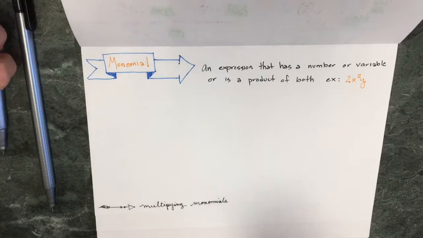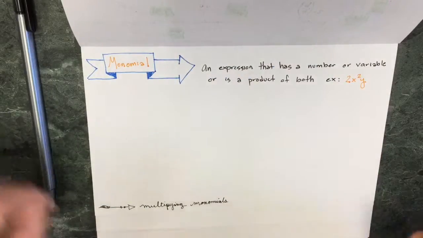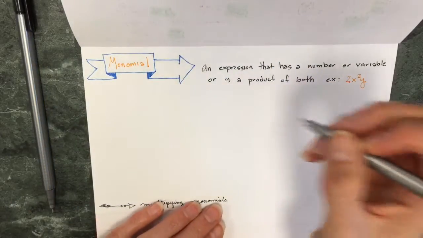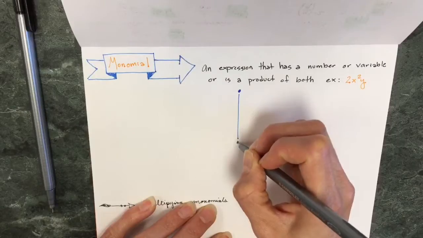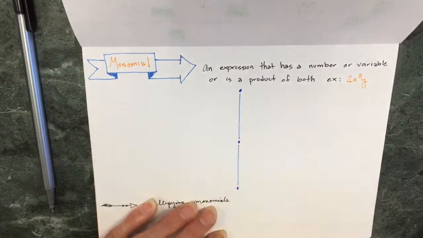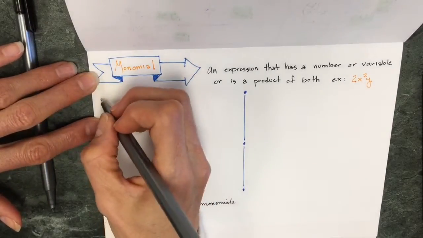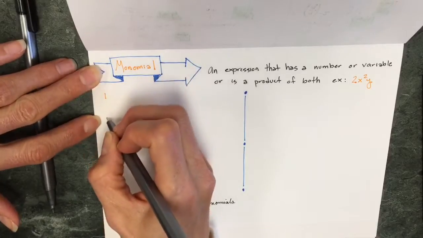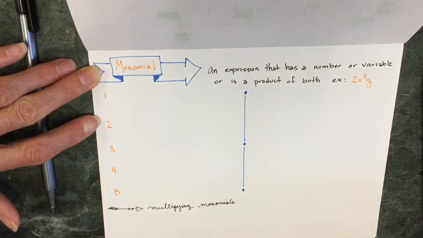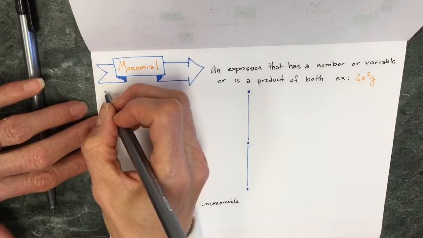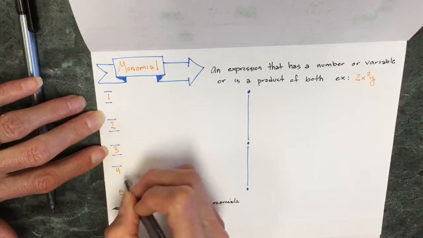Okay, so we're going to do some examples. First, let's go ahead and divide this page into 2 parts. So we're going to have some examples and some you tries. Over here we're going to do 5 examples. 1, 2, 3, 4, 5.